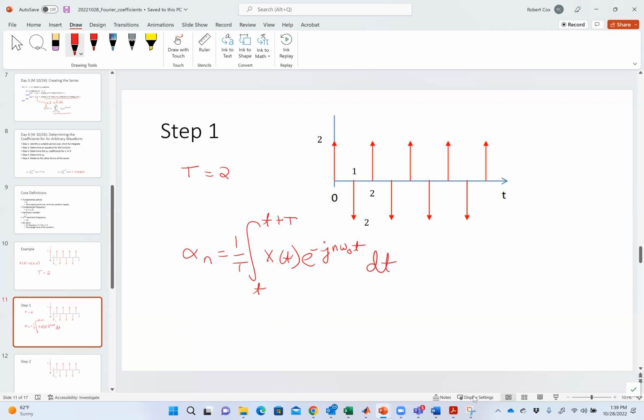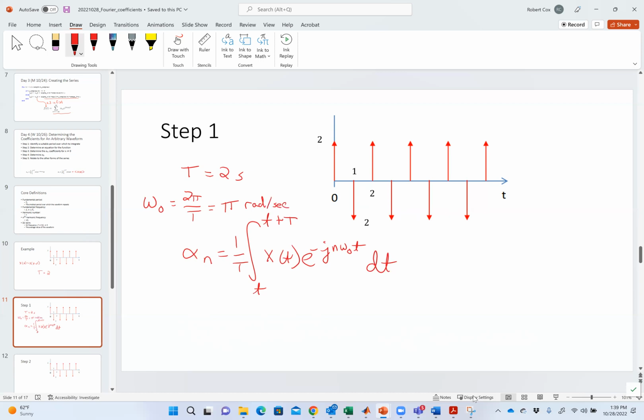Let's define some things for ourselves. What's omega naught in this case? 2 pi over T. That's what it always is, right? So it becomes pi. And what's the units on that? We don't do units enough. Pi radians per second.